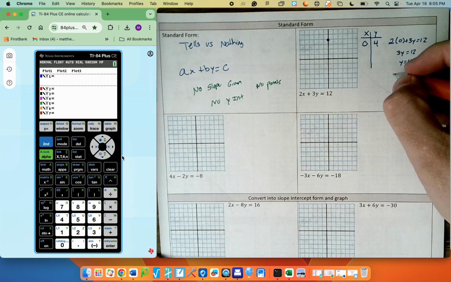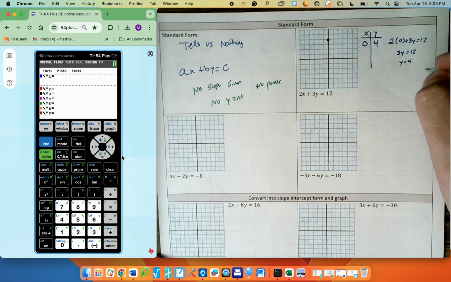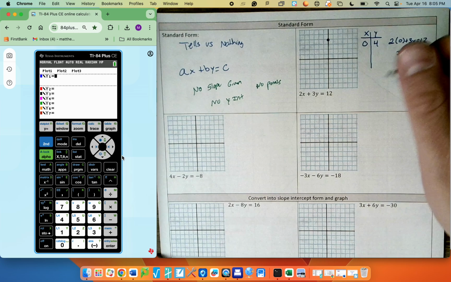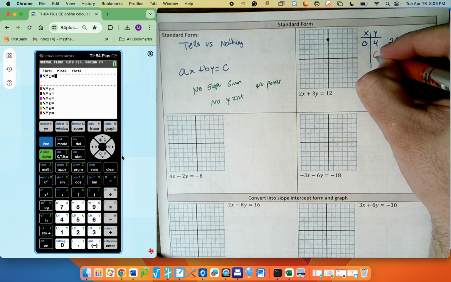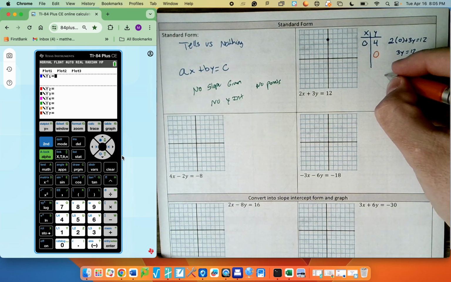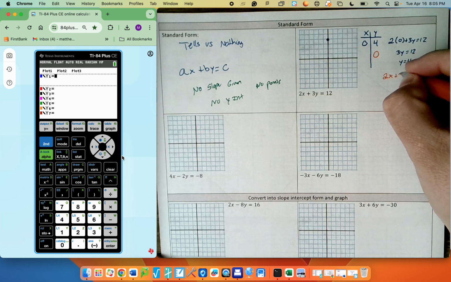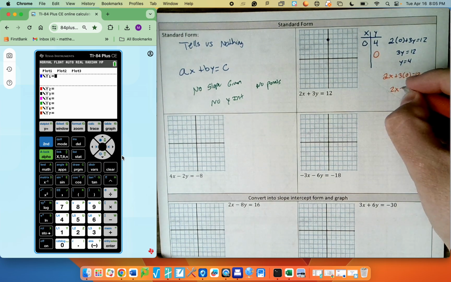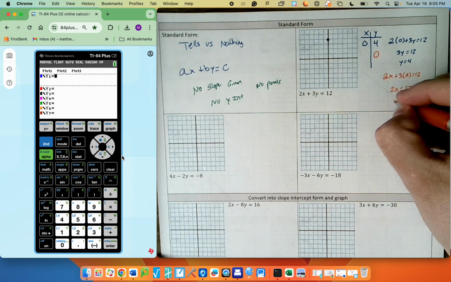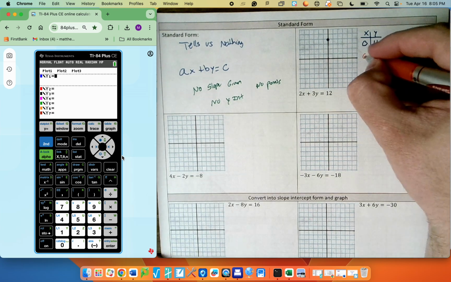We would do 2 times 1 plus 3y equals 12 and try to solve it. We might get a fraction, we might not. But the easiest thing we can do is plug in 0 for y, that allows us to find our x-intercept.